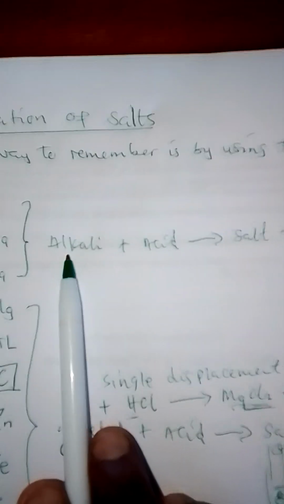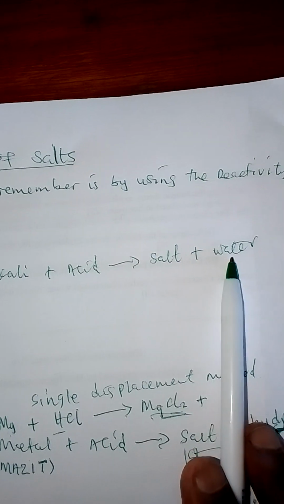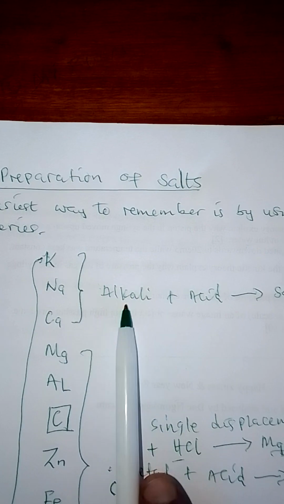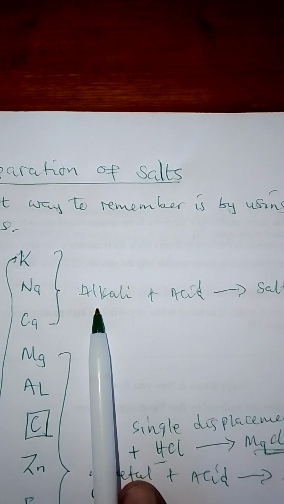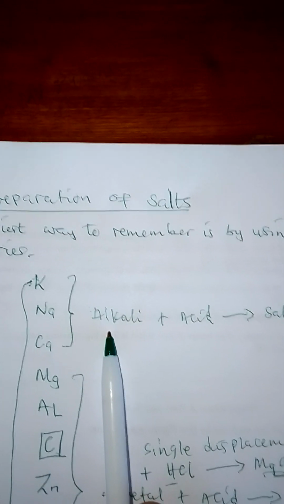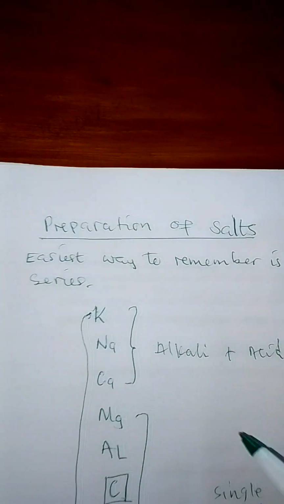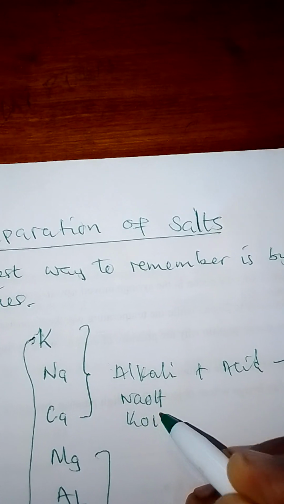You remember an alkali plus acid makes salt and what? Water. An alkali is a soluble base, a base that dissolves in water. The notable alkalis are sodium hydroxide and potassium hydroxide.